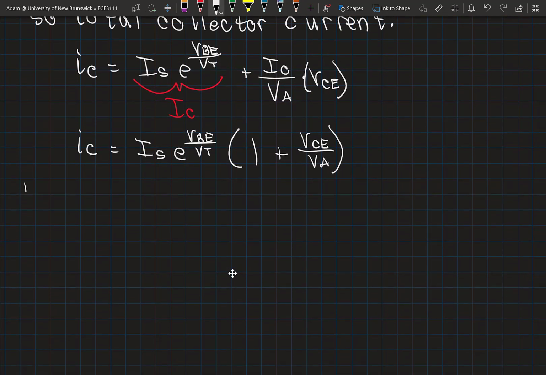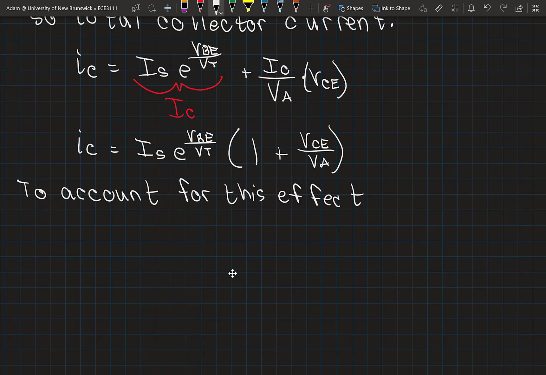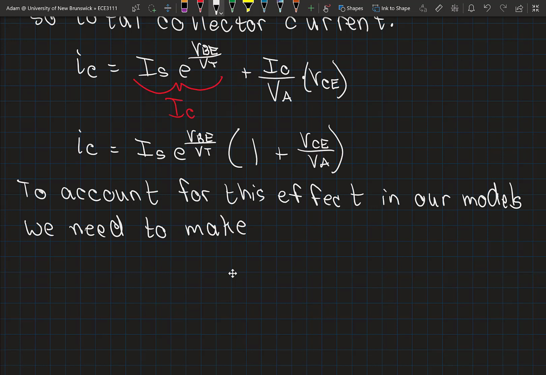So to produce an improved model that takes account of this early effect, we can add a component to our model, and that is to make the collector current source non-ideal.